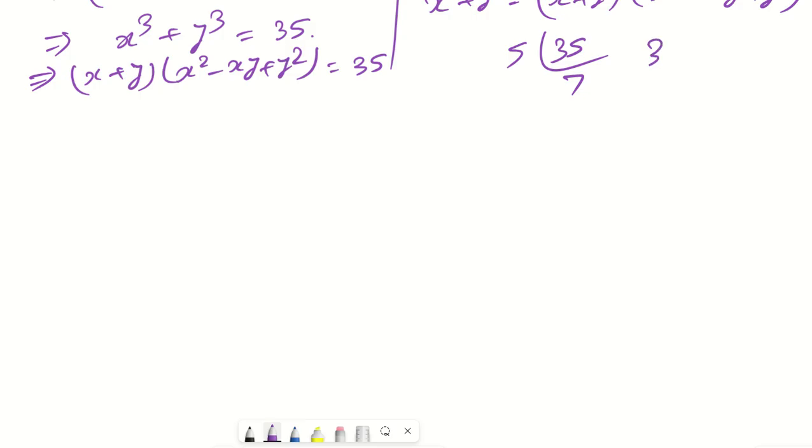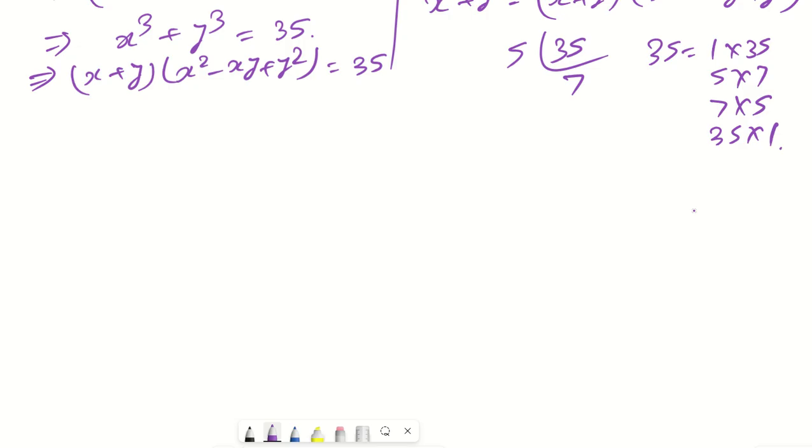So 35 can be written as 1 into 35 or 5 into 7 or 7 into 5 or 35 into 1. So these are the four combinations that are there. So x plus y can be one of them, like 1, 5, 7, 35. Similar to that, x square minus xy plus y square can be the other of them.